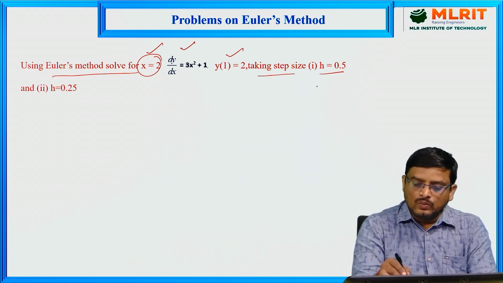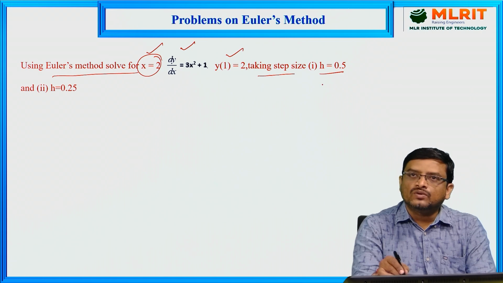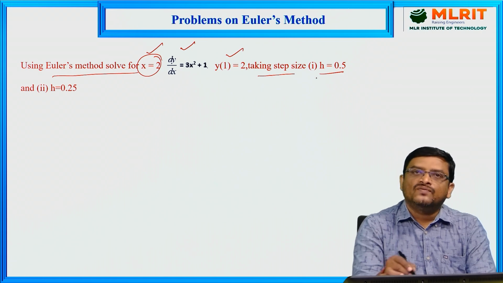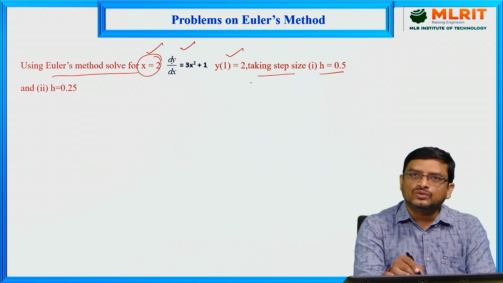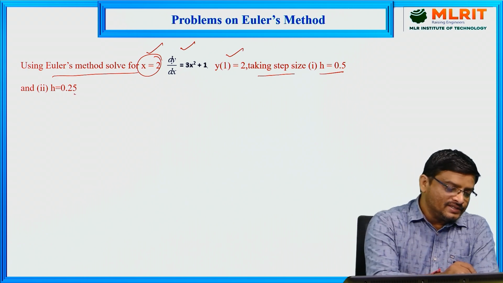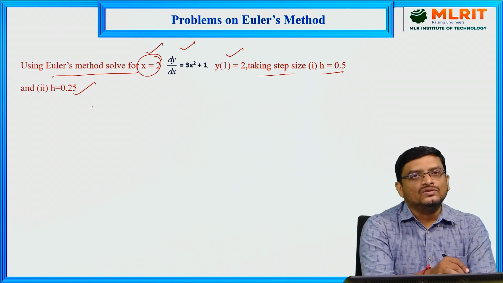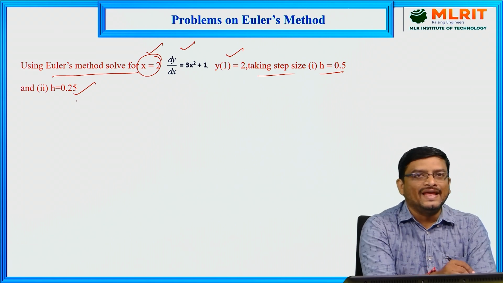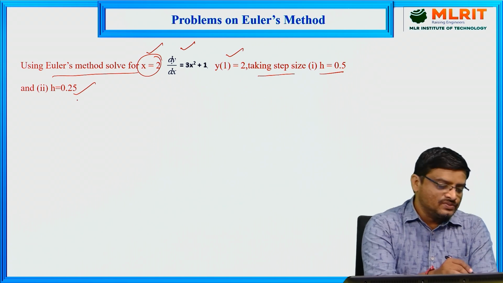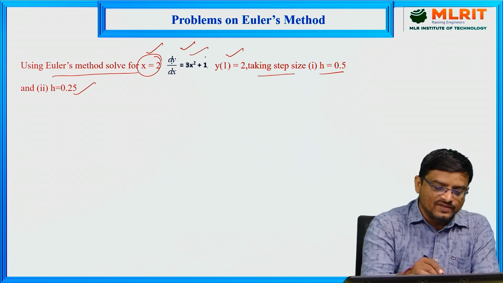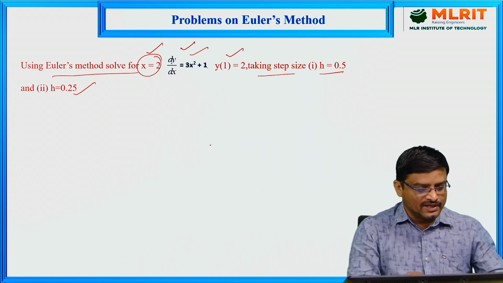In one case he has given us, take h is equal to 0.5 and find the values up to x is equal to 2. And the second case is to take h is equal to 0.25, and at the values of x we get by taking this length h is equal to 0.25, we have to find the solution for this differential equation. Now let us take case 1.